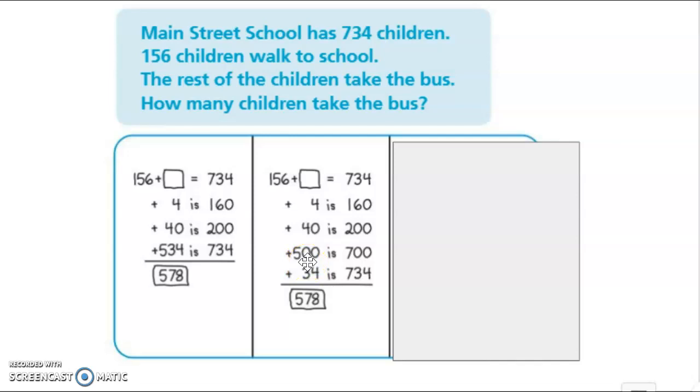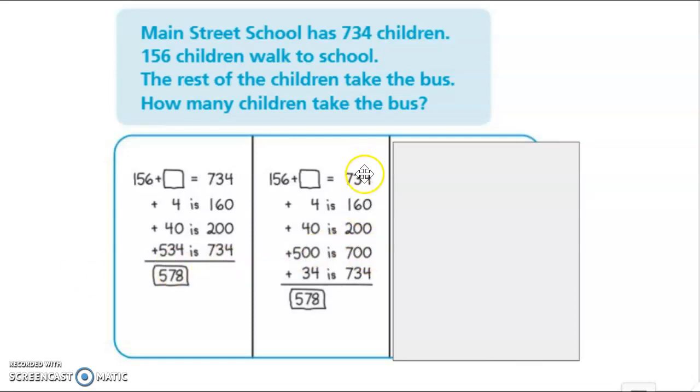I probably would have done this one, because then I can really think about adding up my hundreds and then focusing on what's left of the tens and the ones. So 200 plus 500, if I start at 200, count with me, 300, 400, 500, 600, 700. I just added up 500s and it got me to 700.